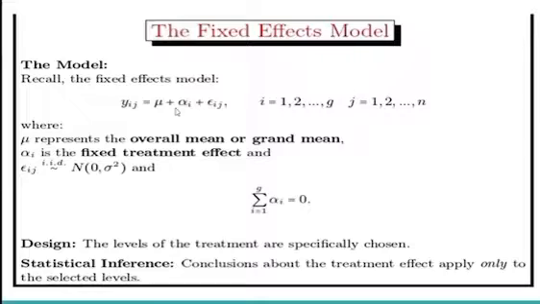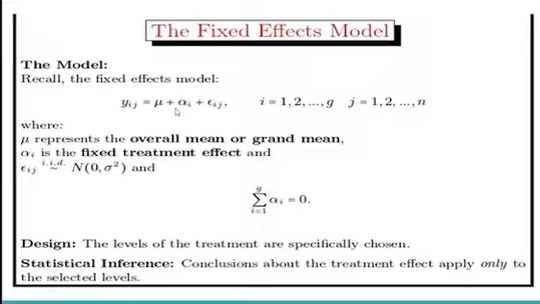If you take a look at what I'm showing you now, Yij equals mu plus alpha i plus Eij. This is a one-way analysis of variance. And of course, we are assuming the effect of alpha i is fixed. Even though the error is random, it is still called a fixed effect. And we expect the sum of the alpha i to be equal to 0.